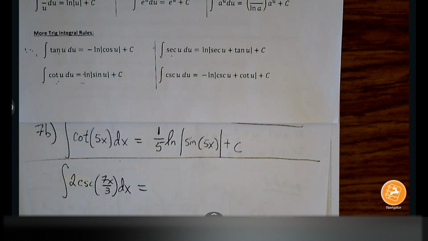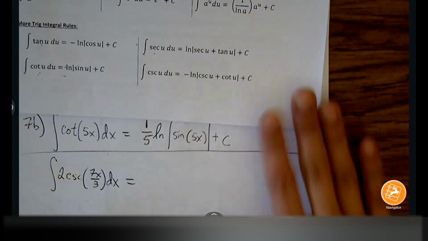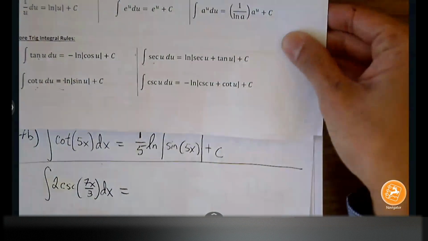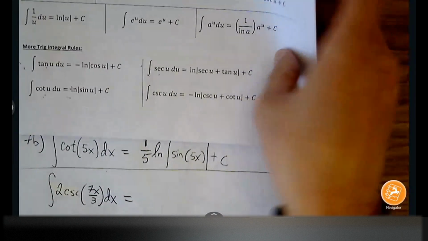Any ideas? Is it 3/7? Yeah. Okay, so can you finish that out? 3/7 is definitely part of it, but what would the rest of it look like?